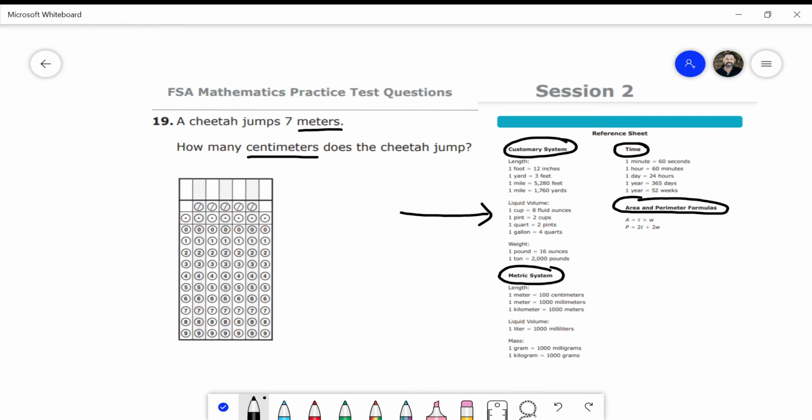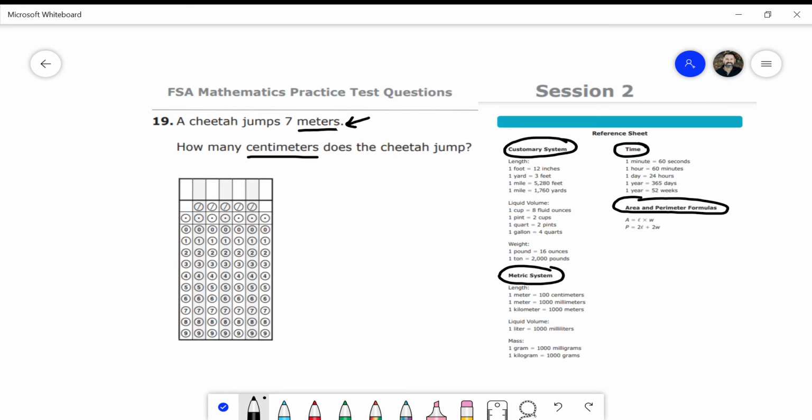and then use it to answer your question. Okay, so here we've got a question that's talking about meters versus centimeters. The question says a cheetah jumps 7 meters. How many centimeters does the cheetah jump? What we're trying to figure out is, looking at the meters, which is the bigger metric unit here.